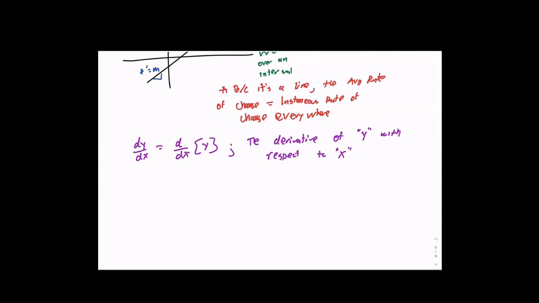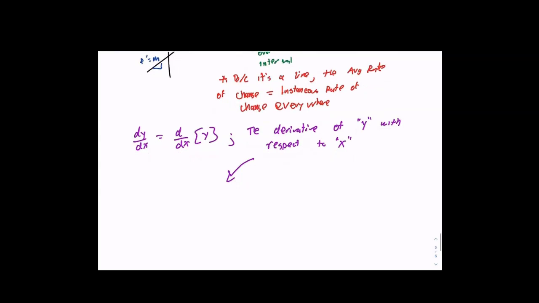But what does that mean? Well, this more specifically means the change in y, and this is also the definition of the slope m, the change in y when x increases by 1 unit.